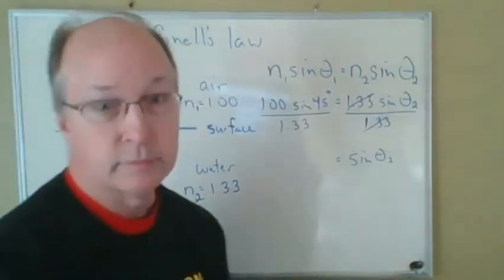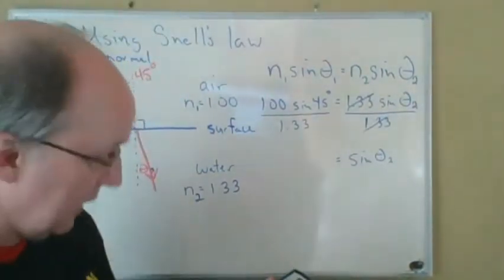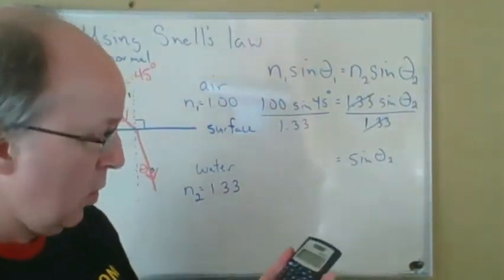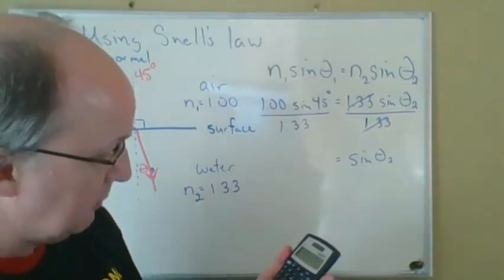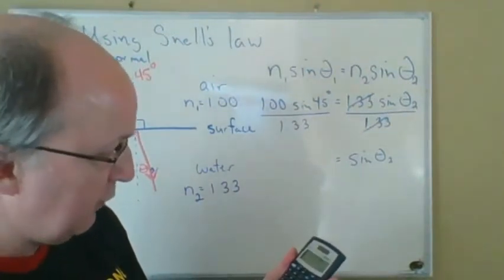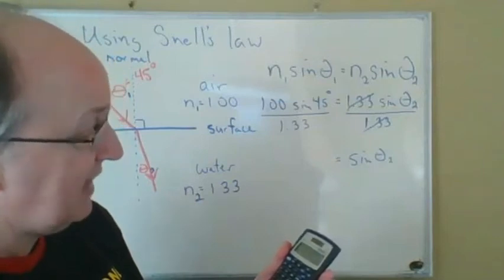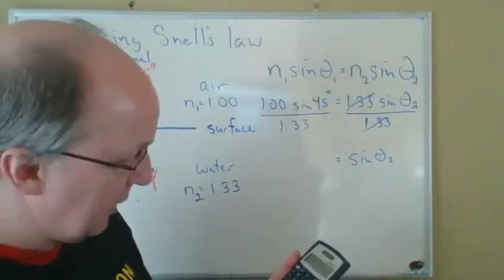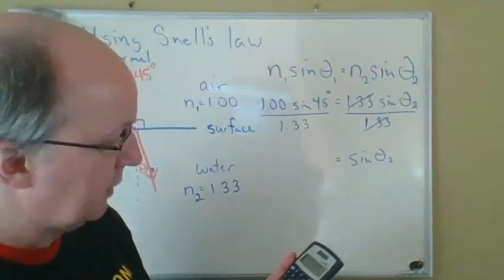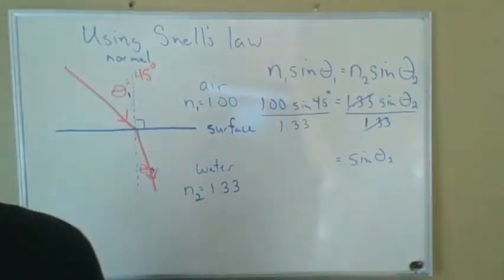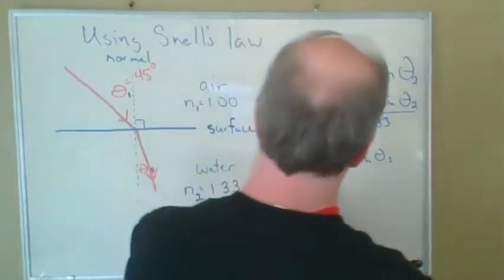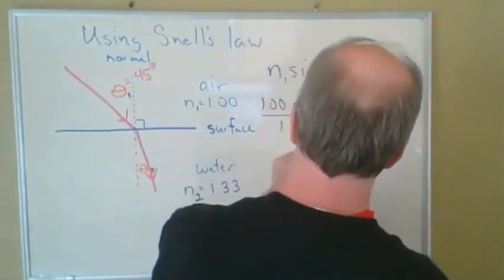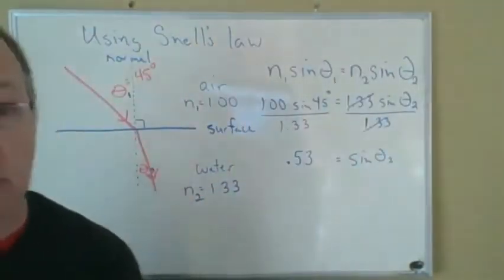Sine theta 2 equals 1 times the sine of 45. I'm going to hit equals. I didn't have to, but that's what I did. Divided by 1.33. And I get 0.53. The sine of theta 2 equals 0.53.